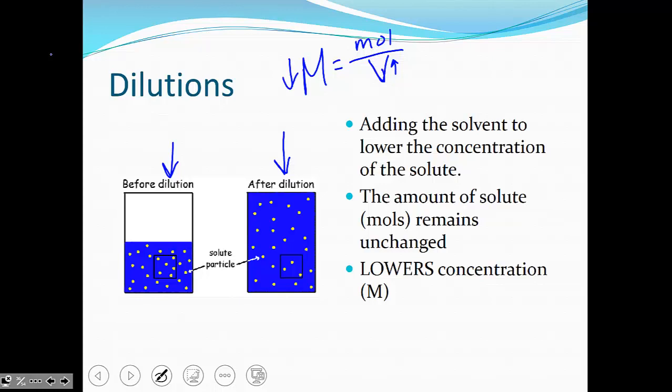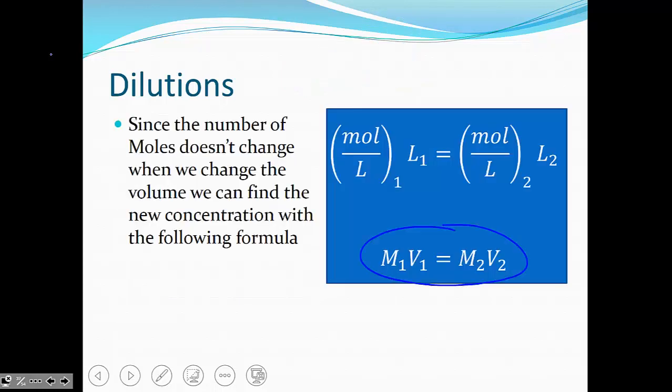Dilution formulas work off the idea that the amount of solute doesn't change. So the moles of solute always being the same means we're just going to change the volume. It's a pretty straightforward formula. The molarity and volume of your concentrate has to equal the molarity and volume of your dilution, where the dilution's volume is your final volume of solution.